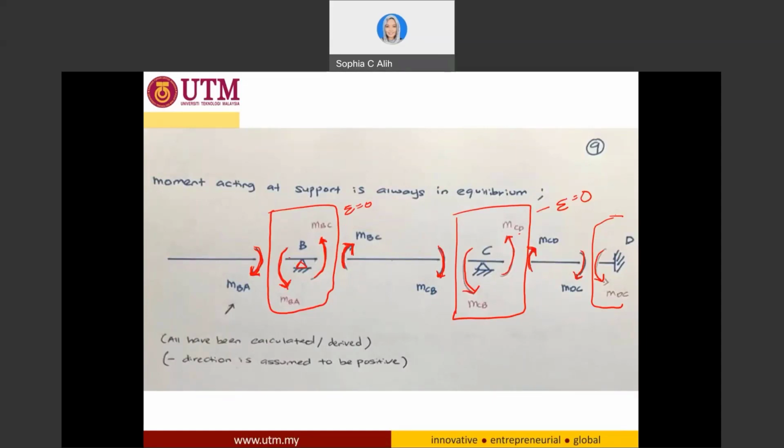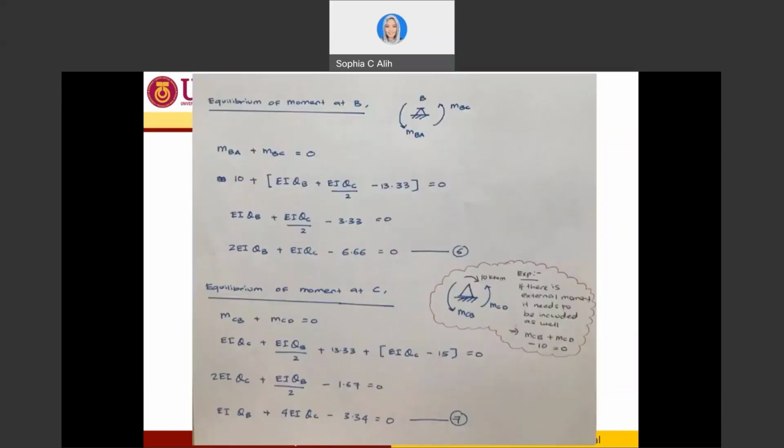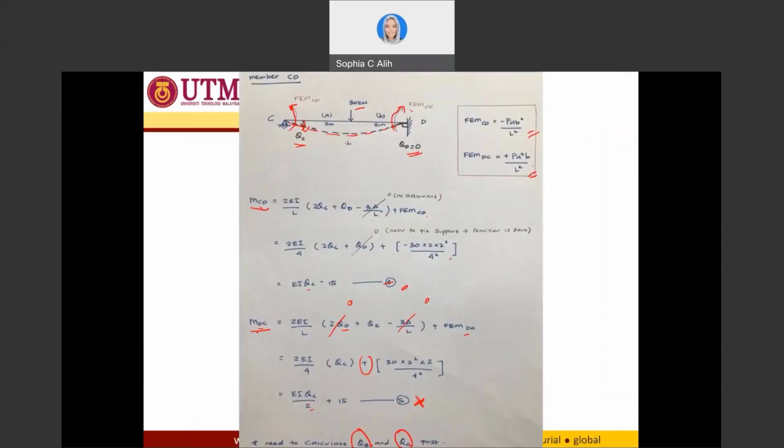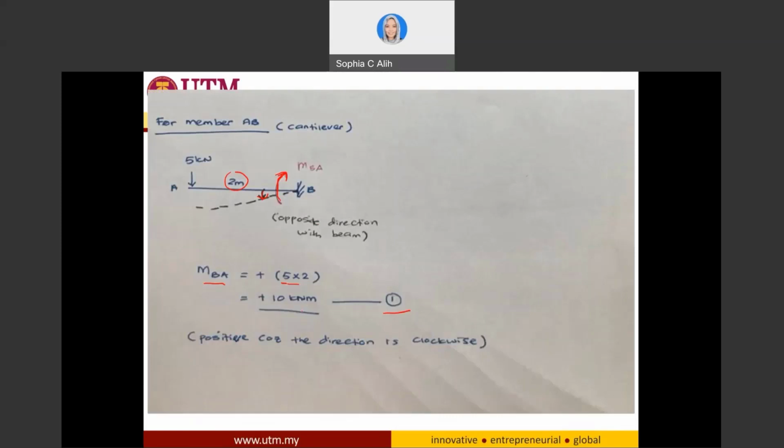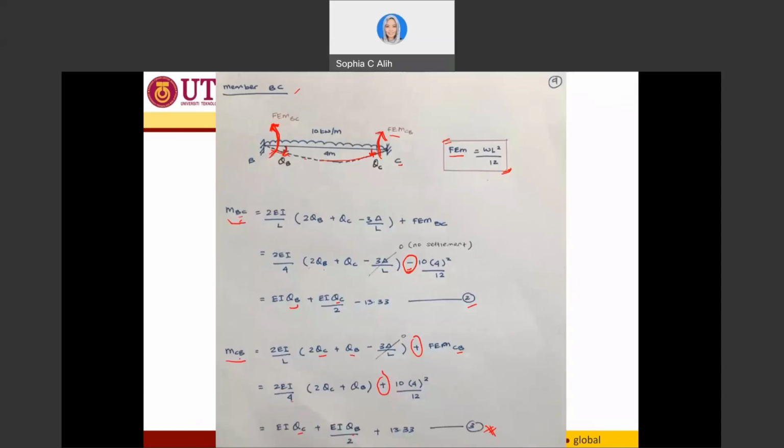MBA plus MBC equal to 0. Now, for the equilibrium of moment at B, I will have MBA plus MBC equal to 0. So MBA, I just take the value over here, positive 10 kilonewton meter, and MBC to be this one.